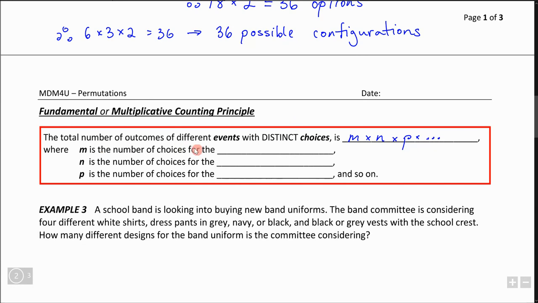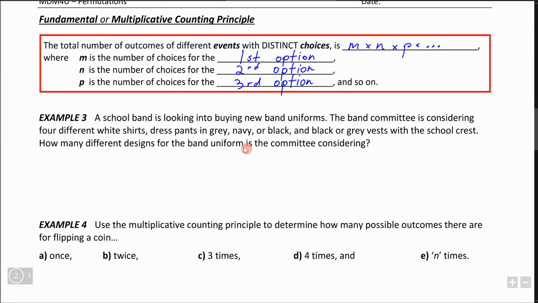So m is the number of choices for the first option, n is the number of choices for the second option, and p is the number of choices for the third option, and so on, depending on the number of options, the number of events that you have.